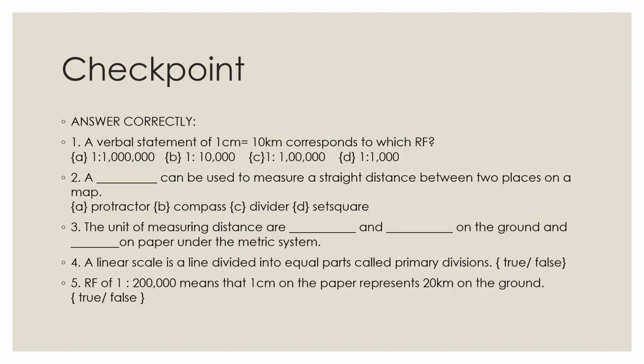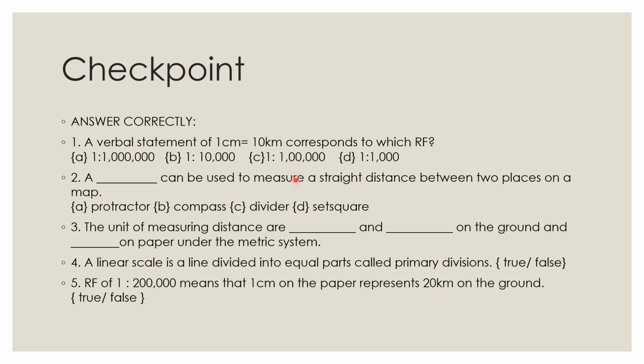Now here we come to the second checkpoint. The checkpoint's first question is, a verbal statement of 1 centimeter equals 10 kilometers corresponds to which RF? RF means representative fraction, and the rule of representative fraction is that both of the proportions should always be in one unit.